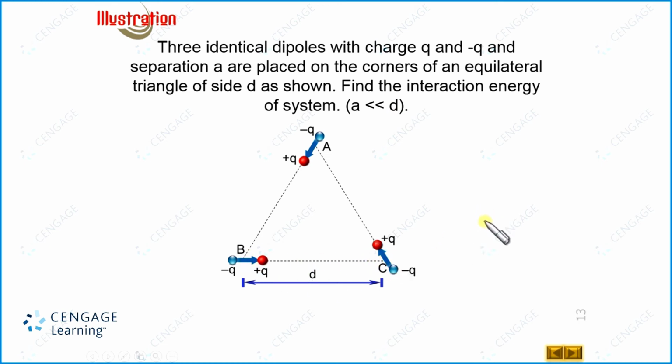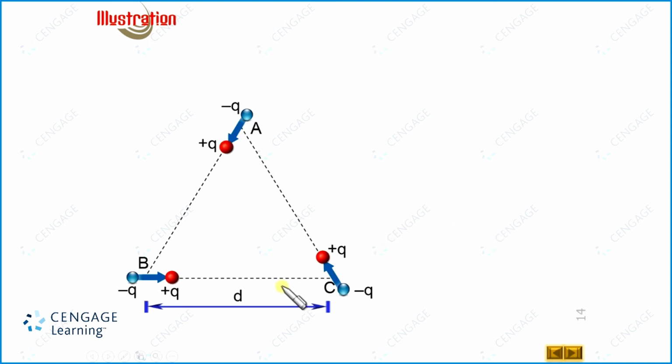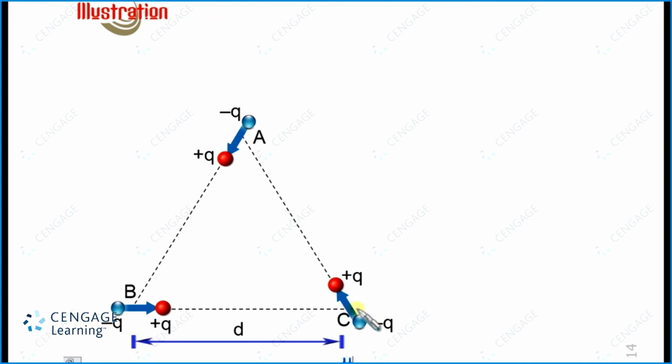Okay, so let us make the diagram on the next page. This is the situation. If we observe, all 3 dipoles are placed symmetrically. That means the pair BC of 2 dipoles is identical to the CA pair, because if we extend this line in the forward direction, we can observe that the electric field of this dipole at this position will be in this direction. That means the angle between the dipole moment and the electric field is 120 degrees.